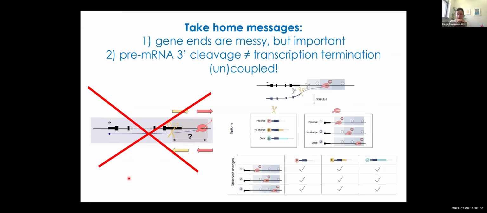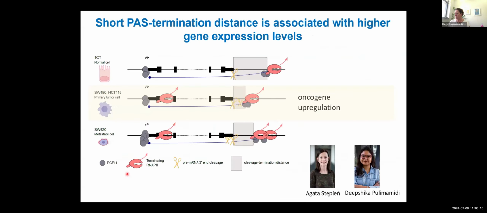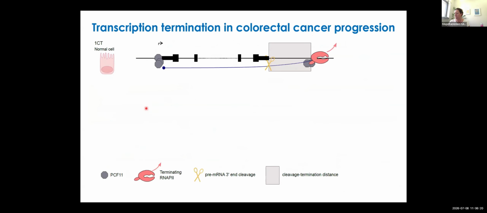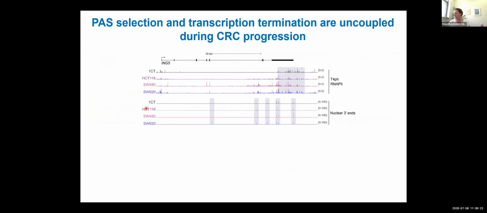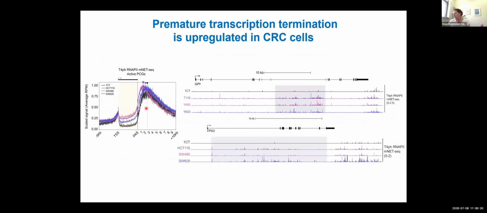So in general, we do see more premature termination, both looking at cleavage and polyadenylation and transcription termination. This is something that we show schematically here, but we can also see it on particular genes.